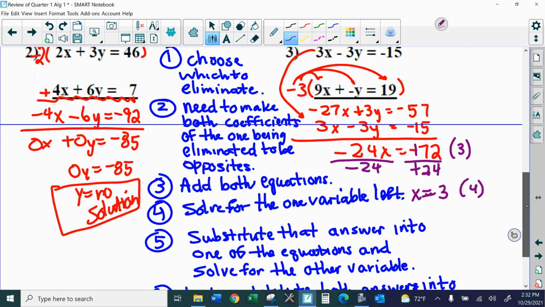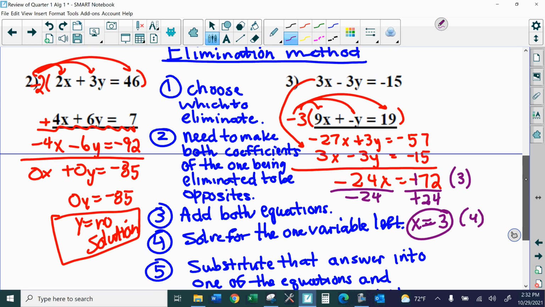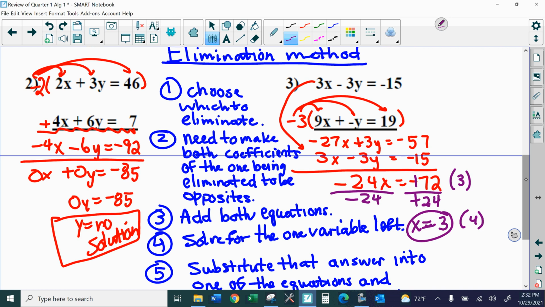Step 5 says substitute that answer, this x equals 3. So I'm going to substitute 3 in for x into one of the equations and solve for the other variable. It's my choice which equation I want to use. I'll just go ahead and use the top one. So then I'm going to have 3 times 3, because x is 3, minus 3y equals negative 15.